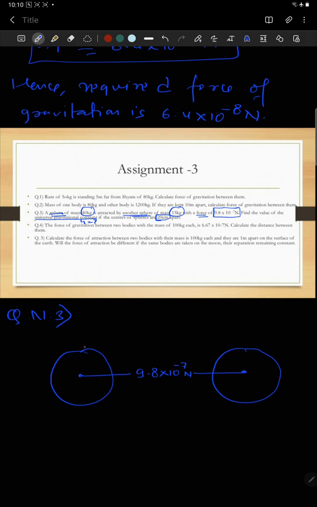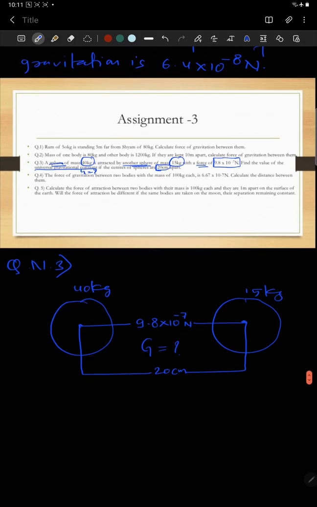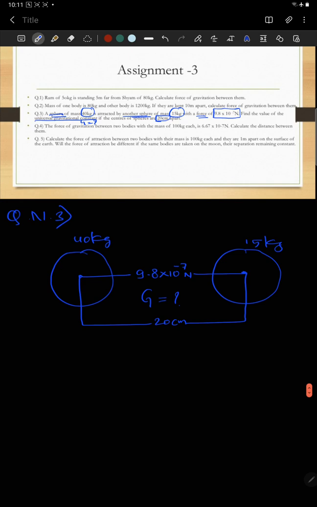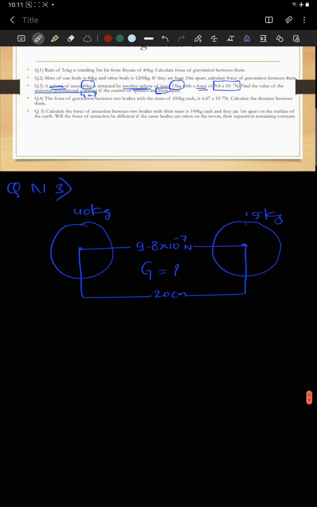The mass of the first sphere is 40 kg, the mass of the other sphere is 15 kg, and the distance between them is 20 centimeter apart. You are asked to calculate the universal gravitational constant. Though we know the value of capital G, in this question it is asked to calculate it.